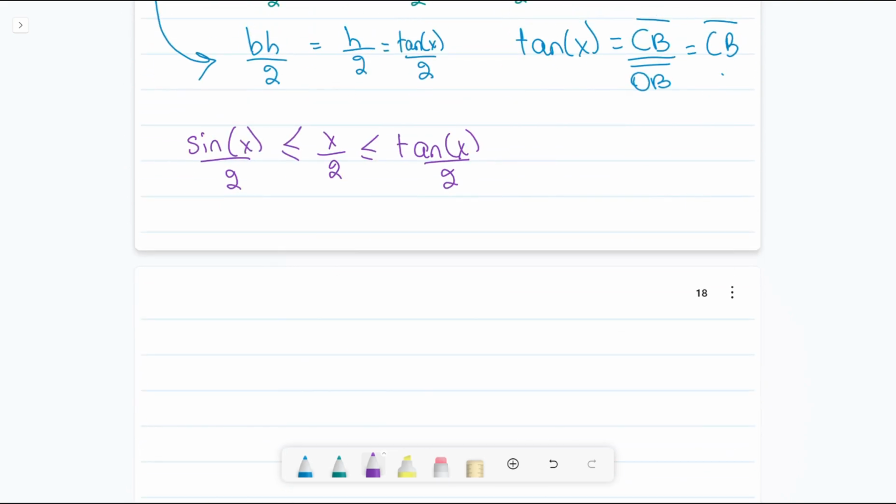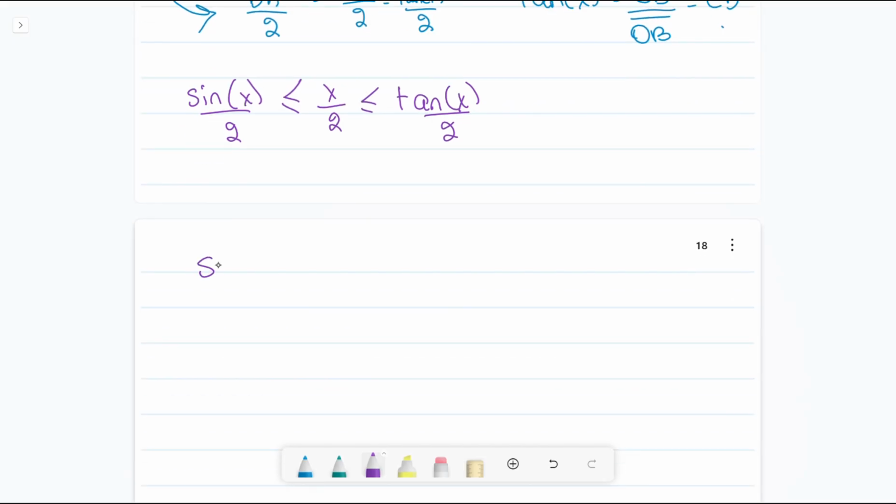So now, because of that, let's continue with our inequality. Again, we got sine of x divided by 2 is less than or equal to x over 2, which is less than or equal to tan x over 2. It doesn't hurt to get rid of all the 2's, to multiply everything by 2. This gives us sine of x is less than or equal to x, which is less than or equal to tan of x.